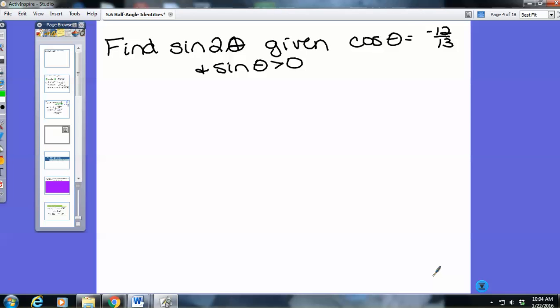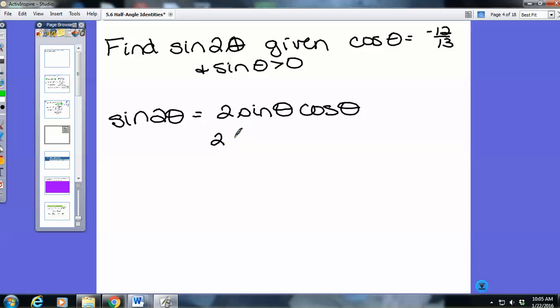So you're looking at your formula sheet. Sine 2 theta, what's our formula? Okay. So we have 2. Do I know the sine of theta?